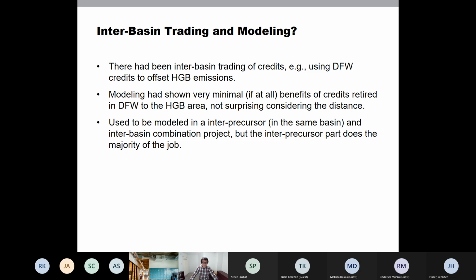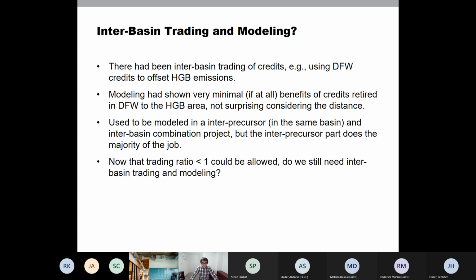And you basically get some Houston credits, and those Houston credits are already enough to offset your VOC project. But when TCEQ and EPA were not allowing less for more, we grabbed some Dallas credits to play into this argument.